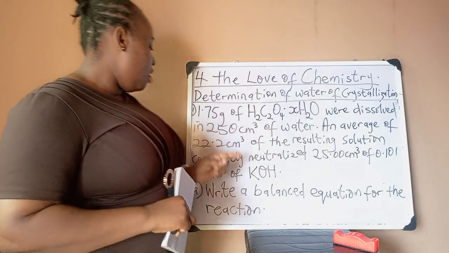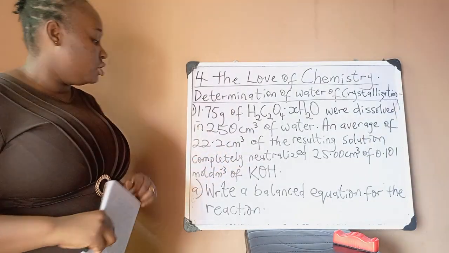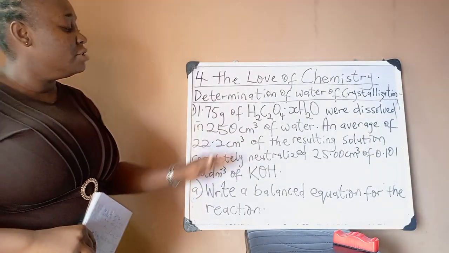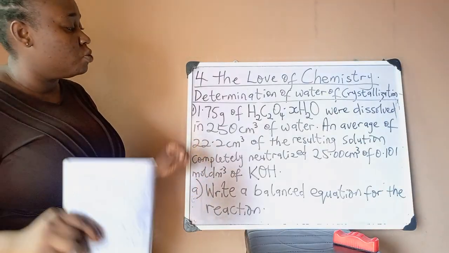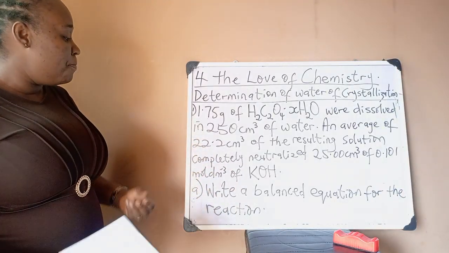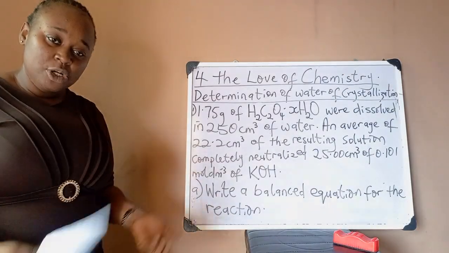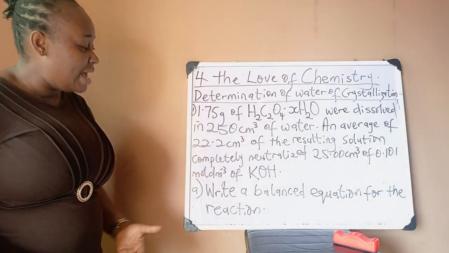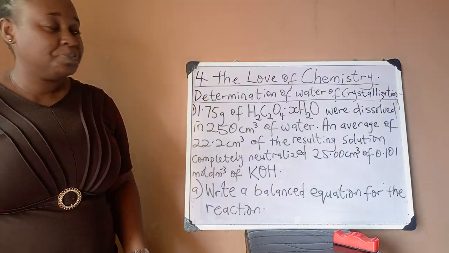An average of 22.2 cm cube of the resulting solution completely neutralized 25 cm cube of 0.101 mole per dm cube of potassium hydroxide. Question number 1 says, write a balanced equation for the reaction.